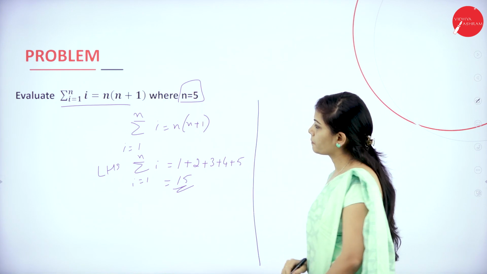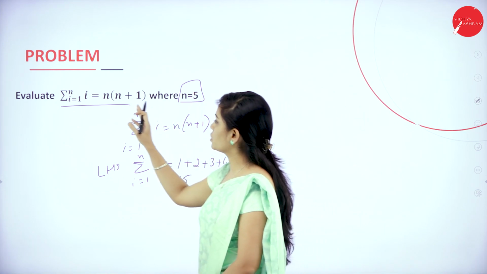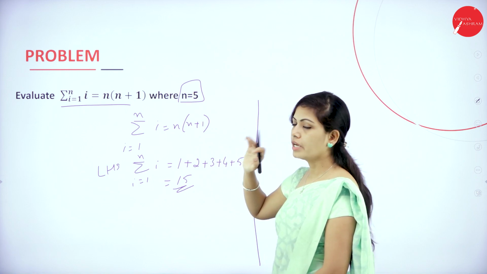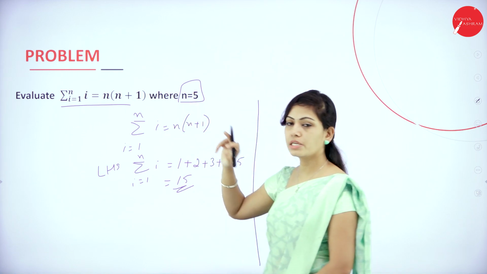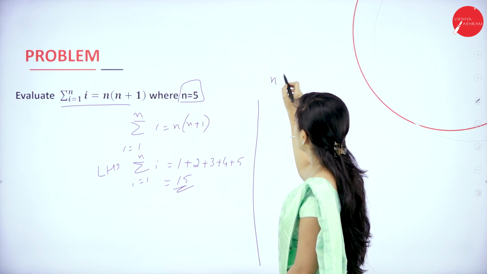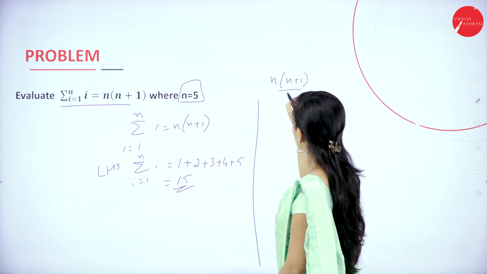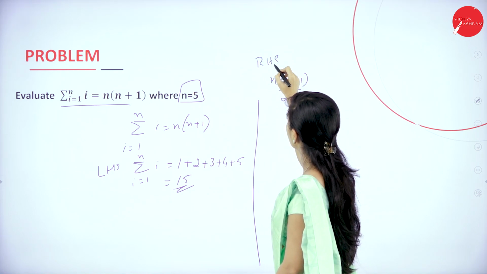So now again you have to prove that LHS is equal to RHS. We know the value of n, so n is equal to 5. So n into n plus 1 by 2, this is the RHS.